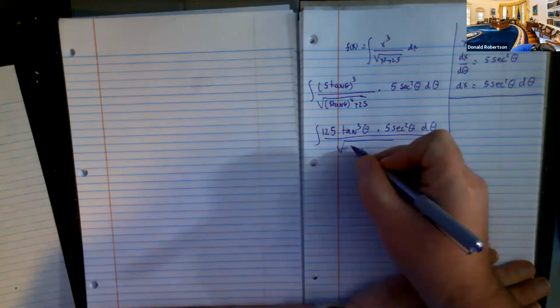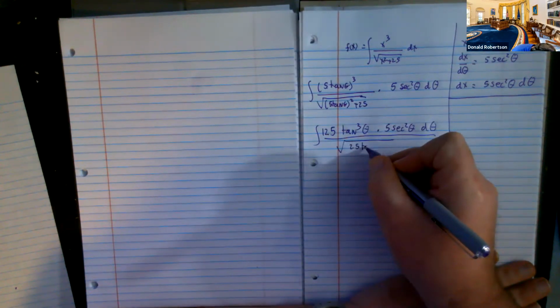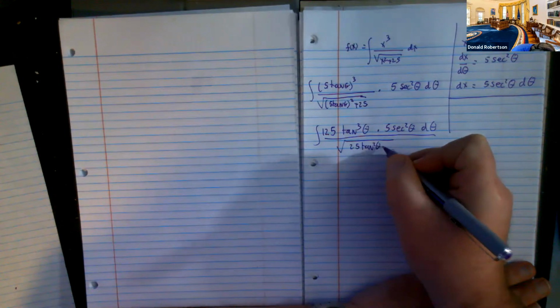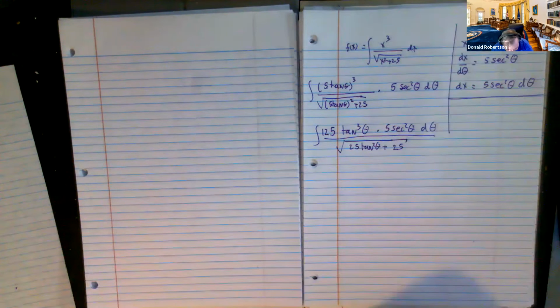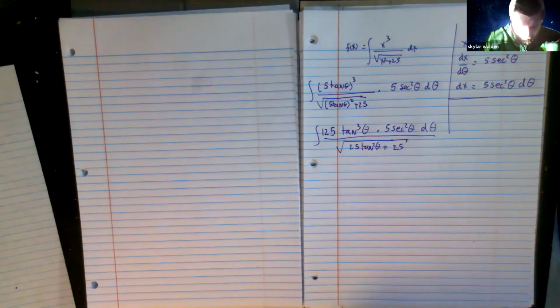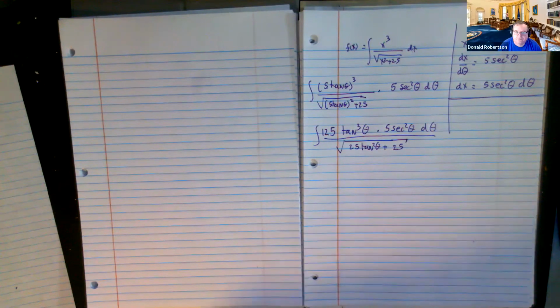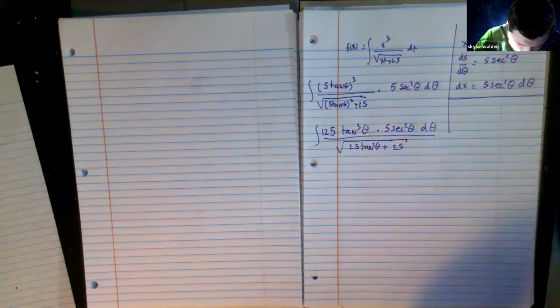Now this becomes 25 tan squared plus 25. Yep. So far, so good? Yes. I just did not square the tan theta on the bottom. So that in itself might have been where it went wrong.